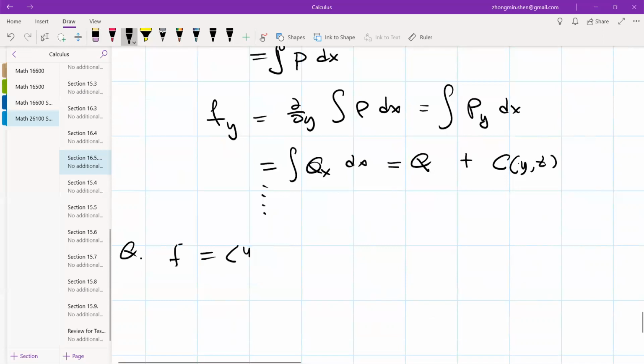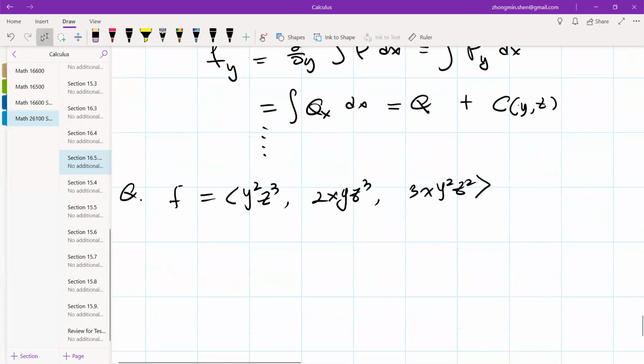So that's going to be y squared z cubed, 2xyz cubed, and 3xy squared z squared. So this is a vector field defined on the whole R3. Of course, it's defined on the rectangular box.